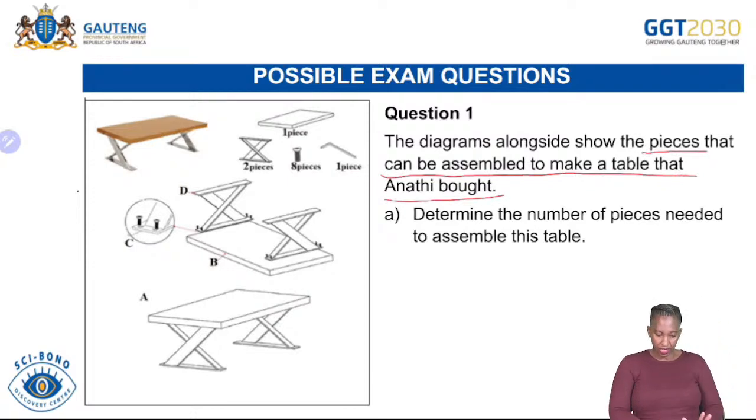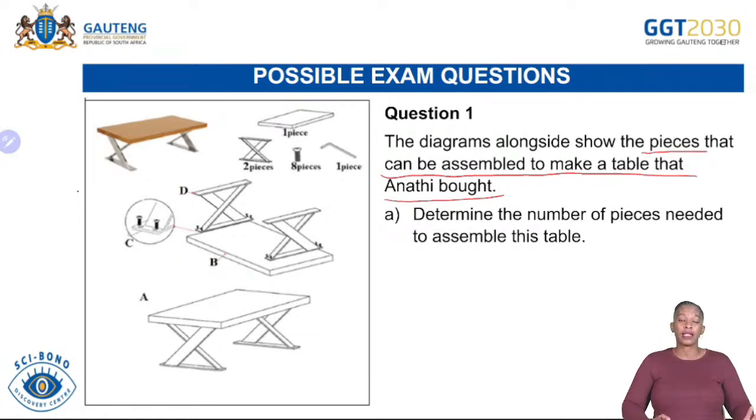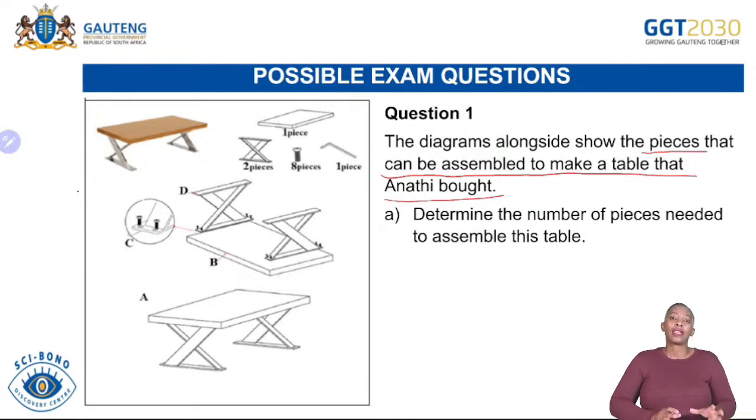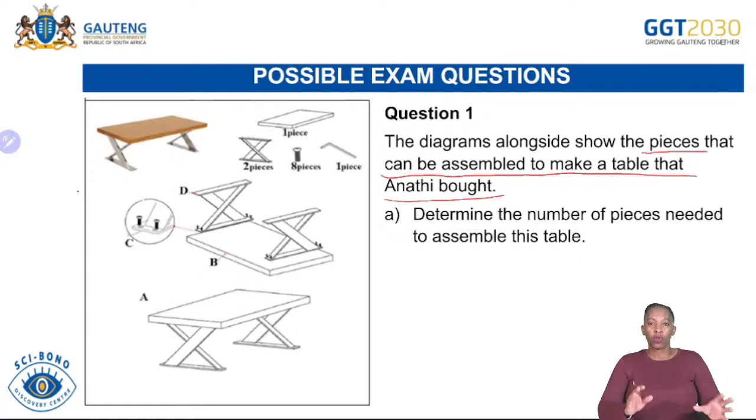Now you are given these pieces. Remember, I said the table or whatever that we buy doesn't come ready to be used. You must put it together because it will be difficult to transport it. Remember, when we're doing the packaging, we said we need to ensure that our items are safely packaged so that they reach our homes in a safe state, in good condition.